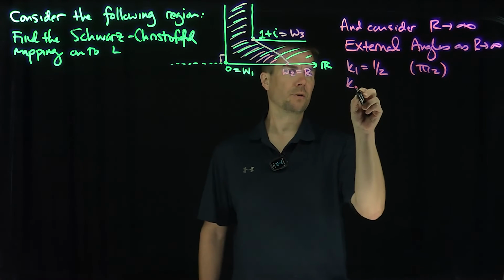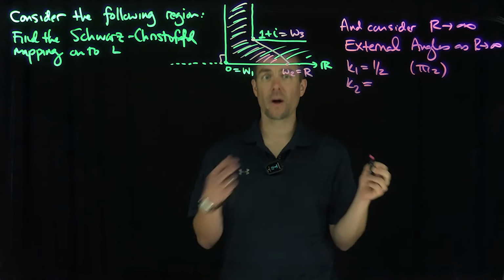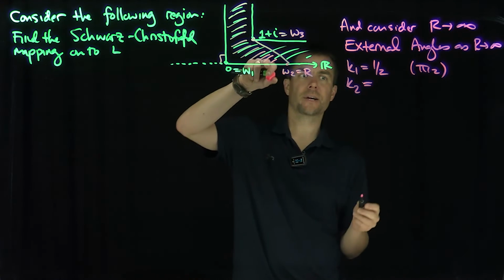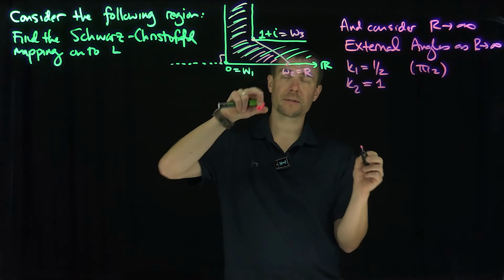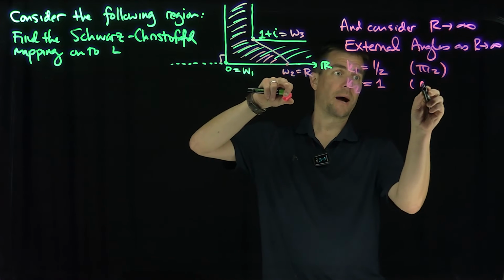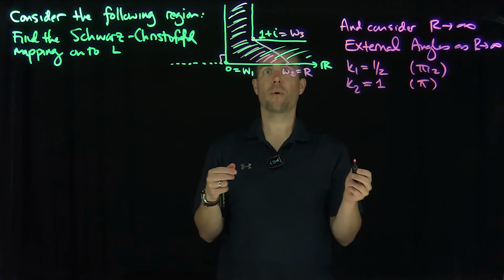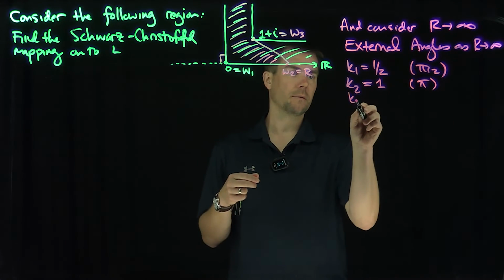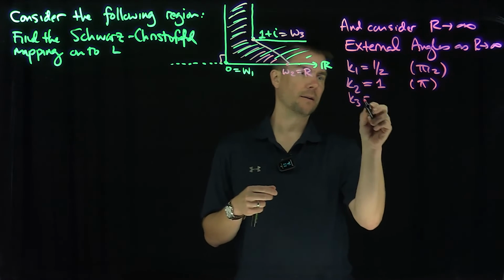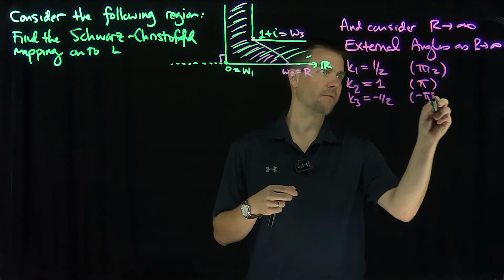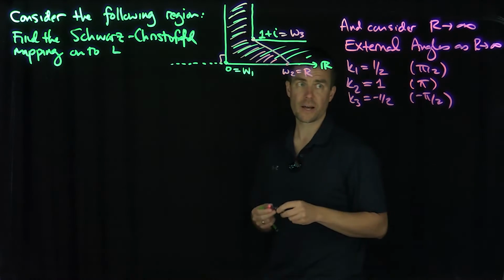Okay, my K2 is going to be what in the limit? Well, in the limit, it looks like it's going to be 1, just because I'm going to have a whole external angle of pi over there, right? And then what will happen at W3? At W3, you're going to have negative 1/2, because it's going to correspond to an external angle of negative pi over 2, right? So those are your external angles.